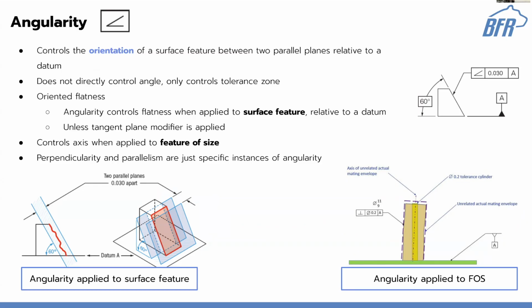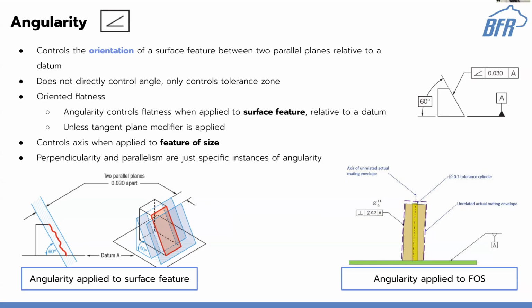There's an extension of angularity, which is perpendicularity, which is basically just angularity at 90 degrees, right? So if I want to say I really want this top surface of my phone to be perpendicular to this face, this datum is datum A, and then I'll say I want it perpendicular to that. So it'll create a plane that's perfectly imaginary, 90 degrees off of that datum.